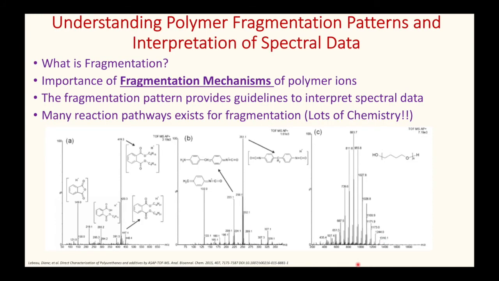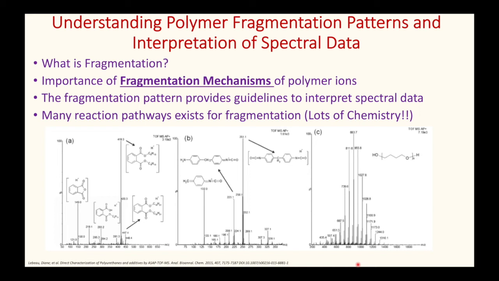Now, in this slide, I want to talk about polymer fragmentation patterns and the interpretation of spectral data. So, fragmentation is a term that is used to describe the process for generating characteristic ion peaks in a mass spectrum. The ions that are generated are considered the most stable form and they contribute to the observed pattern, that being the mass spectrum. The spectral lines provide us with structural information of the molecule.